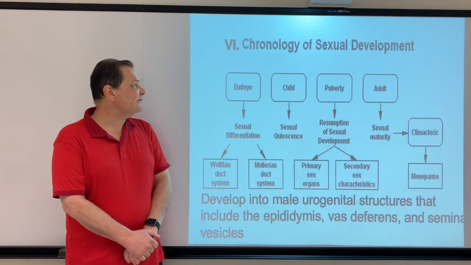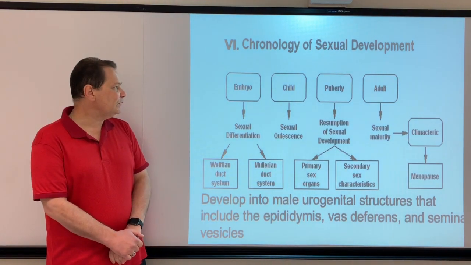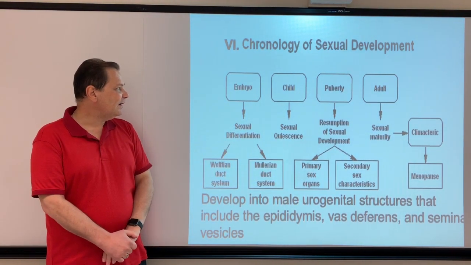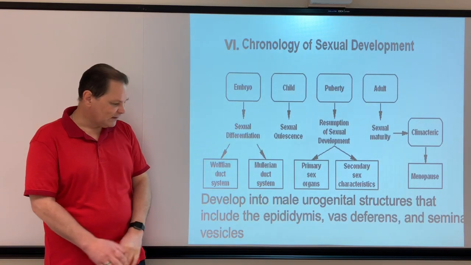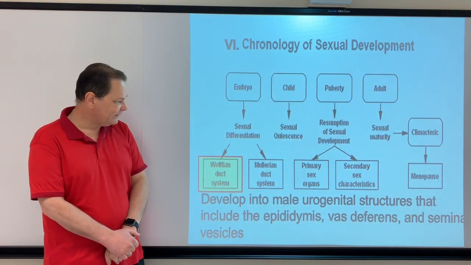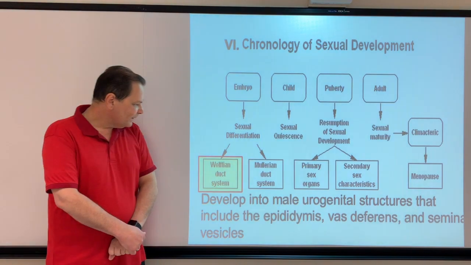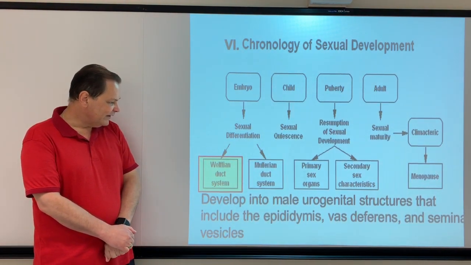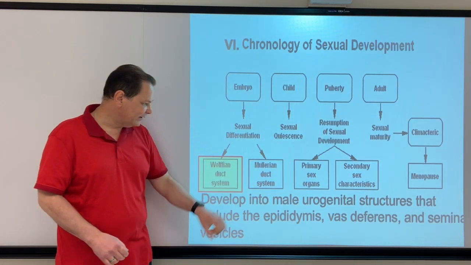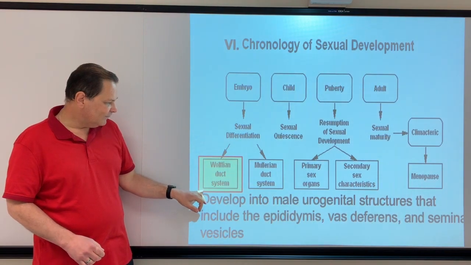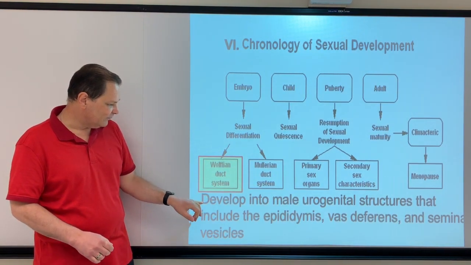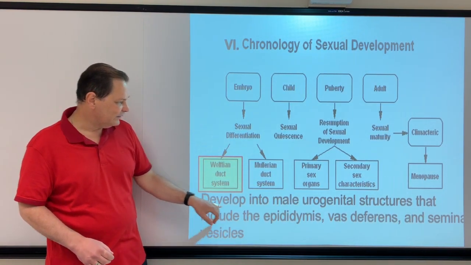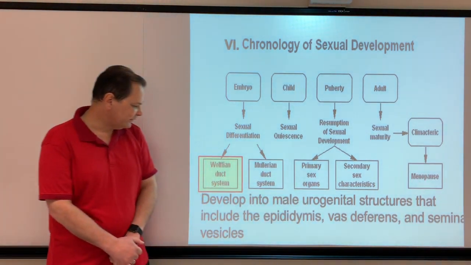The chronology of sexual development is sort of an overview. As an embryo, you have sexual differentiation taking place. This primarily takes the form of development of the Wolffian or Mullerian duct system. In the male, the Wolffian duct system is the precursor to the male urogenital structures.